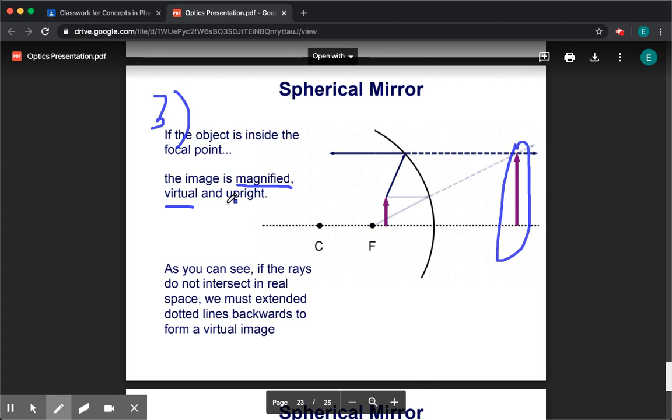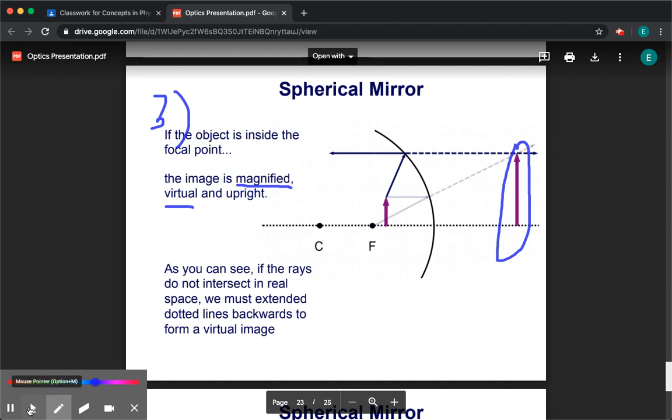And then it's going to be upright, meaning it's not going to be upside down, okay? So if you yourself were to go to one of these, usually they're at like playhouses or like circus type places, and they have one of these mirrors. If you stand in front of it, you're going to get an image that makes you look super tall, and it's going to be zoomed in, and it's going to be virtual, meaning it's going to be like behind the mirror like you're used to, okay?